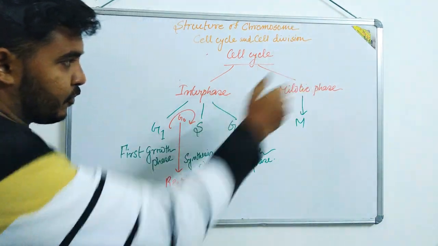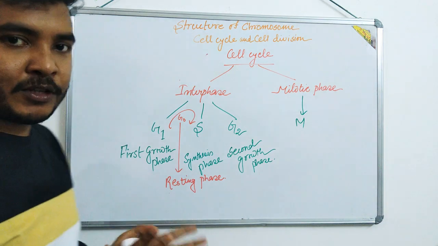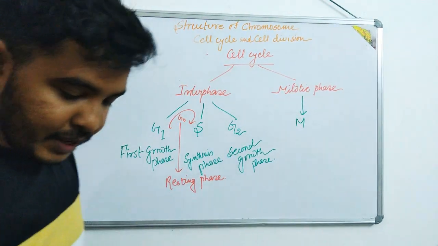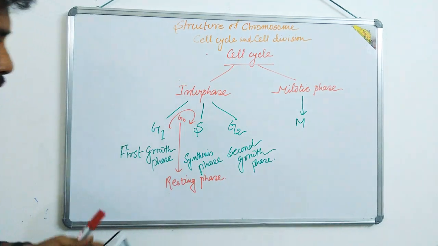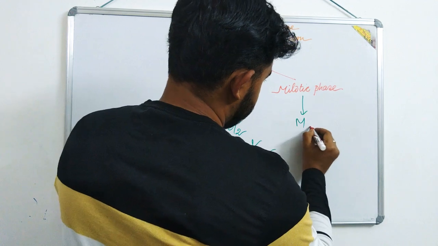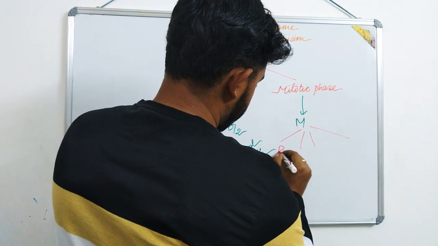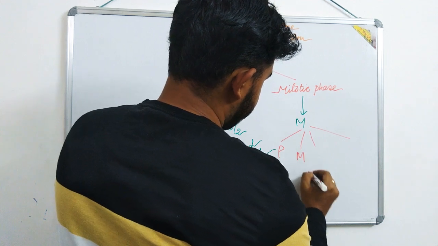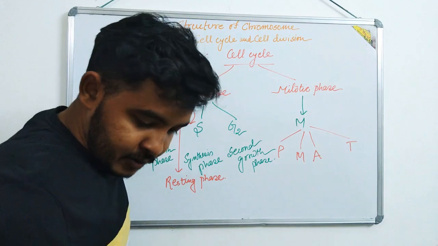This mitotic phase, this M phase, is again divided into something. Let me tell you what. I'm just removing it. You can have one glance through it. Let me write. The mitotic phase is divided into 4 steps: P, M, A, T. What are these?